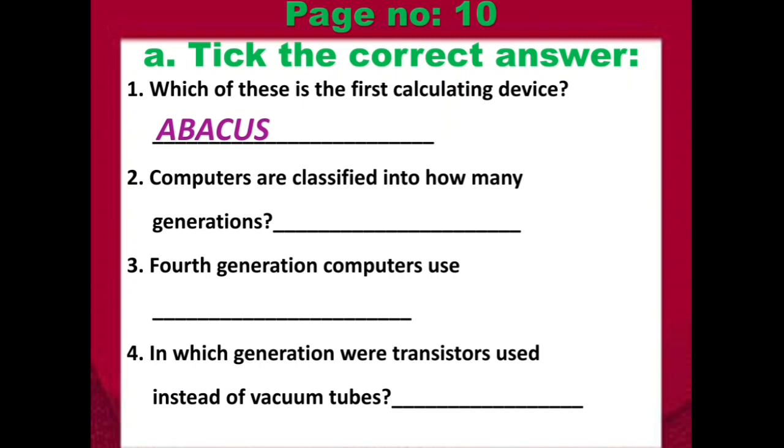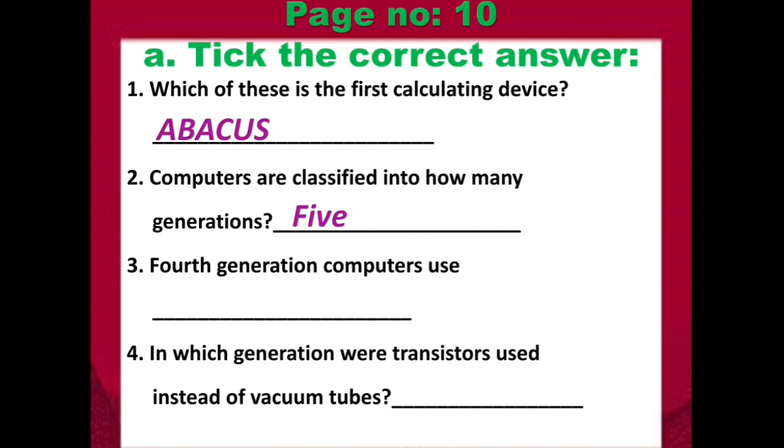Computers are classified into how many generations? The answer is 5. Computers are classified into 5 generations.